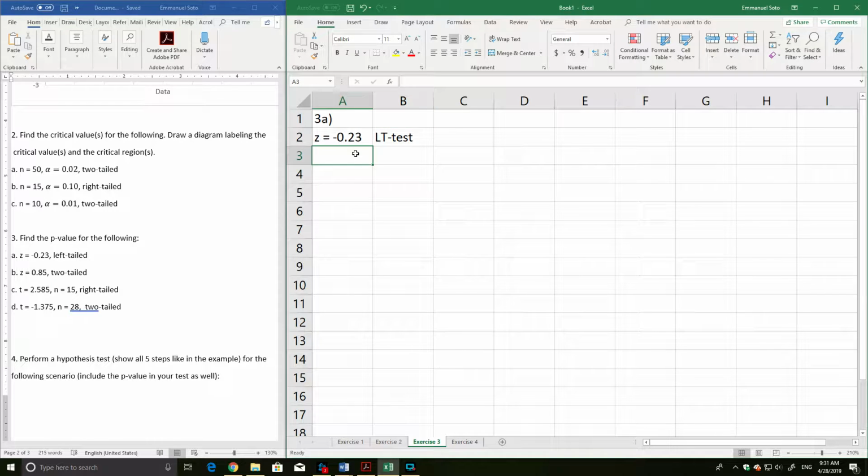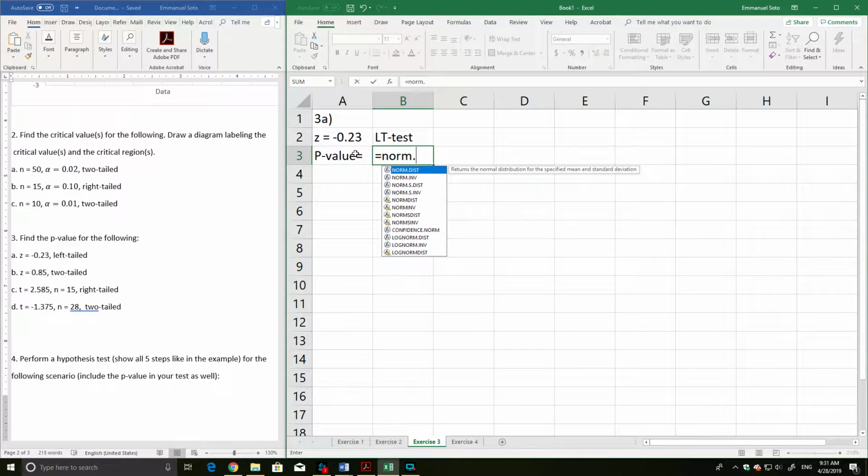So to find the p-value, we use the function equals, and then we use norm.s.dist, parentheses. And this gives us the probability given a z-score.